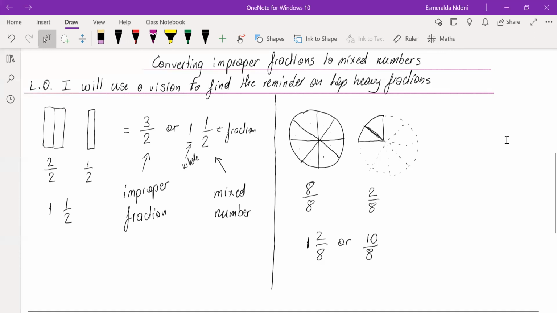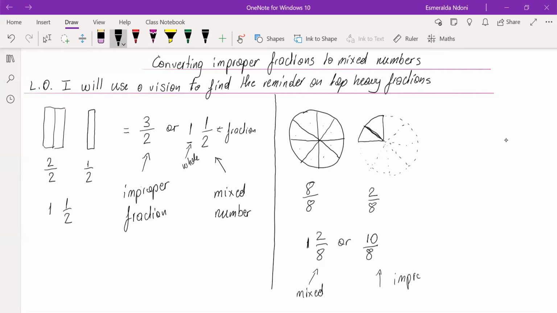So I have 10 pieces altogether. Now again, this is called a mixed number because it's got a whole and a fraction, and this is called improper. Please pause the video and copy the second example down.